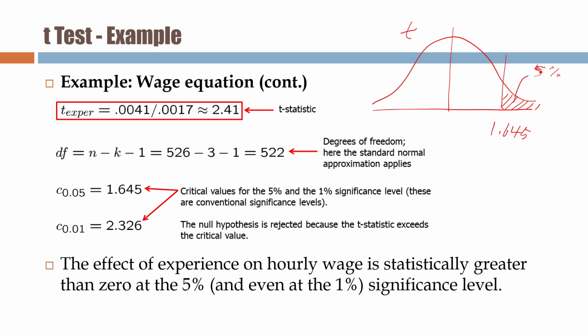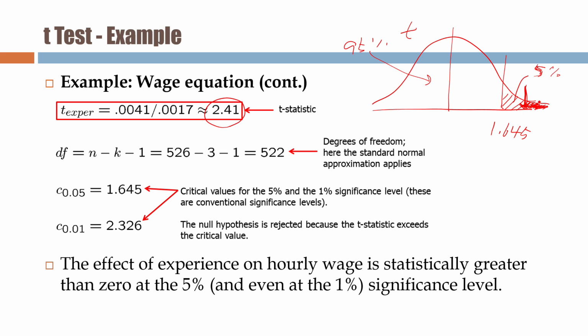That's why in the table I look for the 95% case. But our t is greater than this one, so our t is located here, which means the probability of getting our data, our model, if the null hypothesis is true, that probability will be way smaller than 5%.